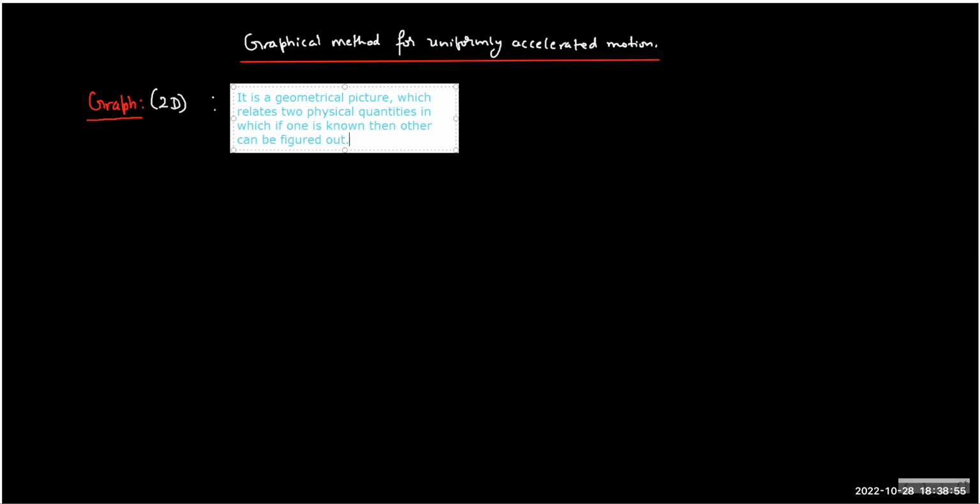So technically, a graph is representing a relationship between two variables. Mathematically speaking, a graph is a relation between two variables.